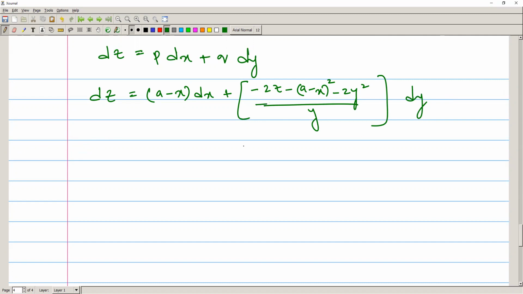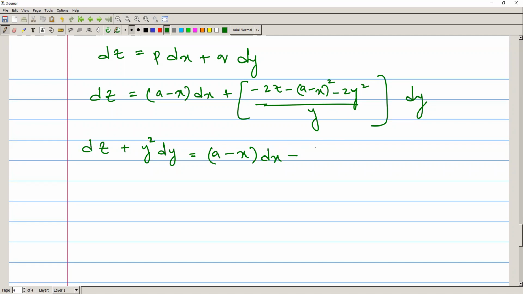Now if I see here, I can just simplify this equation by multiplying and dividing. So now I can add y squared dy here, and y squared dy on the right hand side.